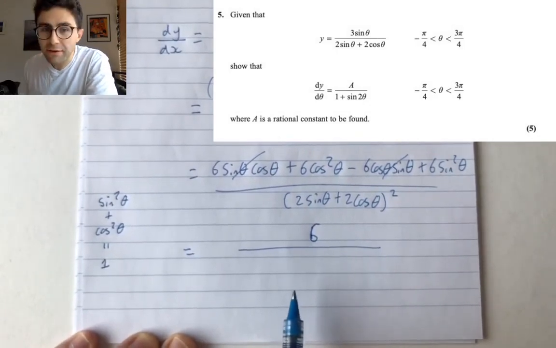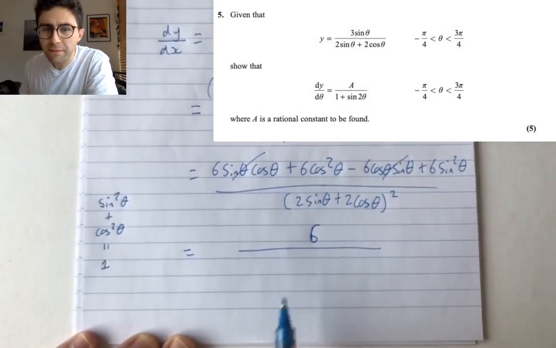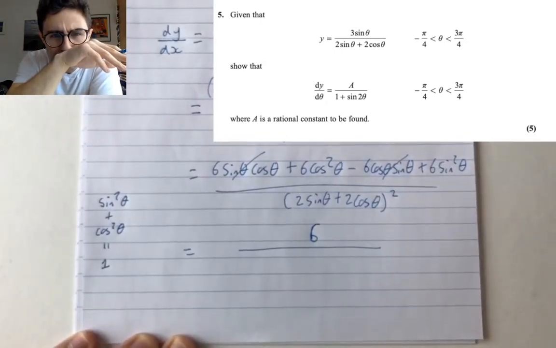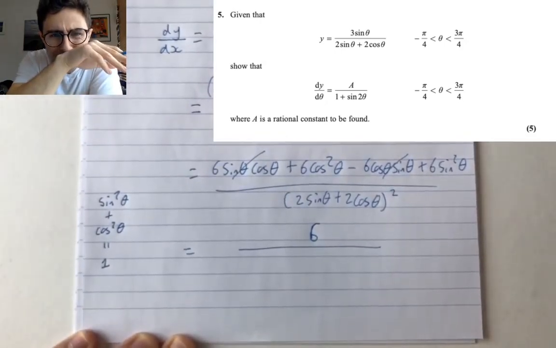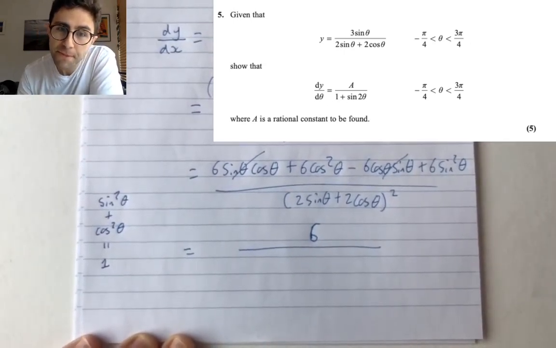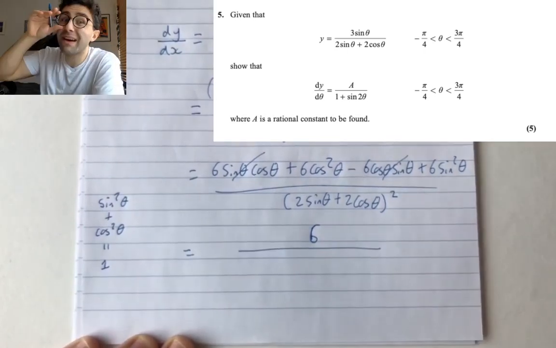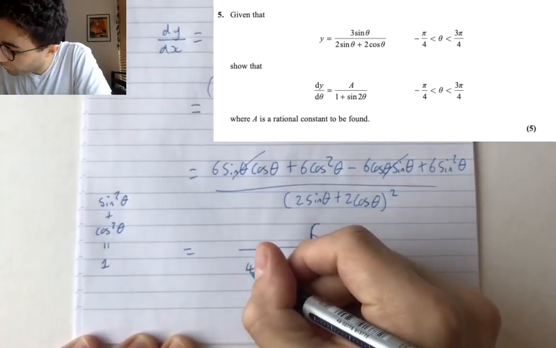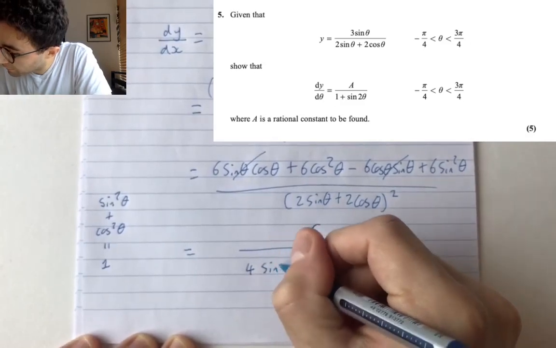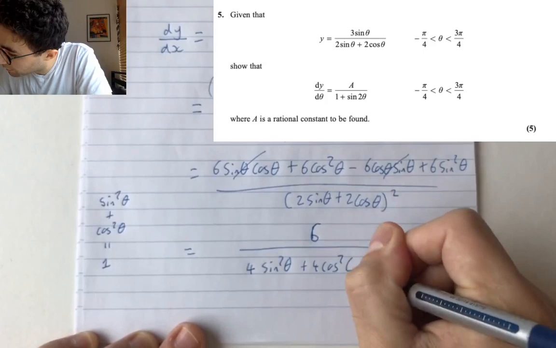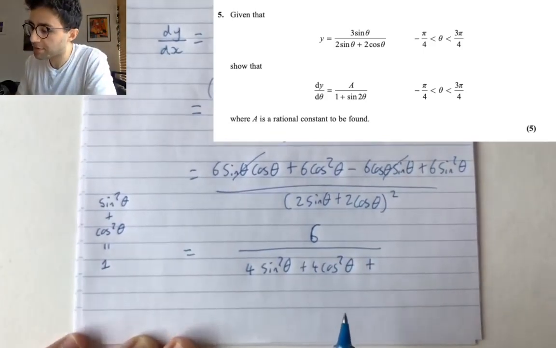The bottom. Now the bottom, well, if I'm just checking our final question here, the way it's written, you know, the elephant in the room is that it's sine 2 theta, whereas both of these are sine theta. So there's maybe a couple of different ways, but I think I can see what to do, and I think we're just going to expand it out. 4 sine squared theta plus 4 cos squared theta plus, now there'll be cross terms here.